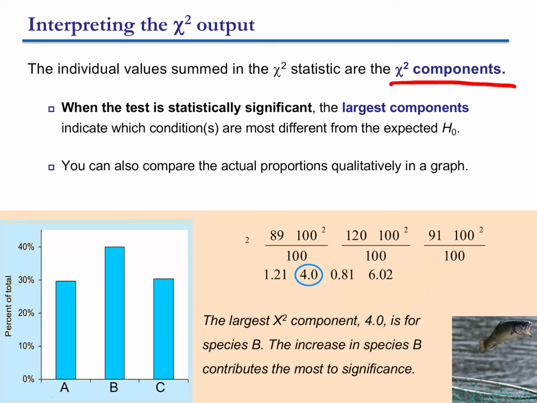These largest components are showing us which of our conditions or levels are the most different from expected. So if you remember, we had for our chi-square statistic, okay, let me just do this real quick.